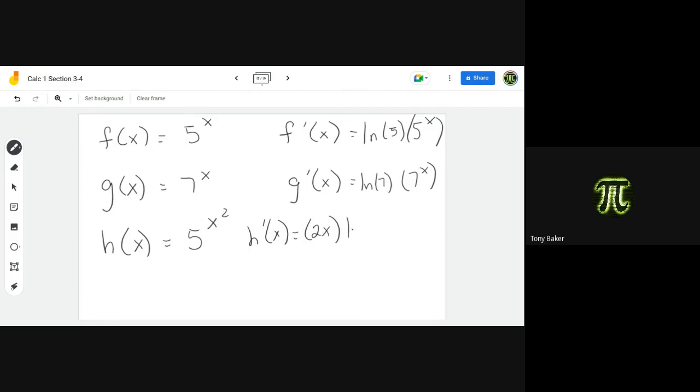Times ln of 5, 5 to the x squared. So the only thing that changes from f prime to h prime is because of the x squared, I have a 2x out in front. Because that's the derivative of that piece there.